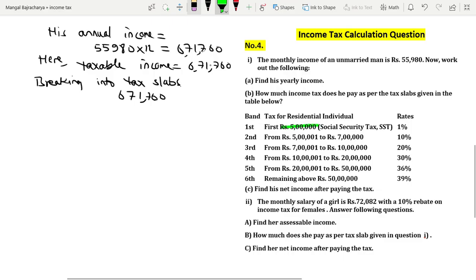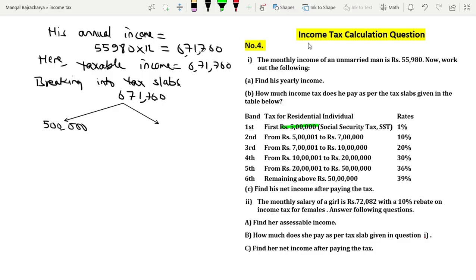So first slab we keep here, 5 lakh. And then the second slab is from 5 lakh 1 to 7 lakh. His total taxable income is 6,71,000 something, which is below 7 lakhs. So we have to break into just 2 slabs here.